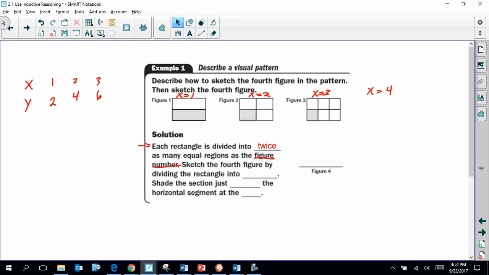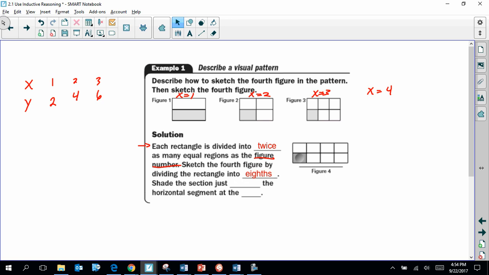In each one, we're noticing that the shaded area is either at the bottom or the bottom left. In figure 1, the shaded area is at the bottom. In figures 2 and 3, the shaded area is at the bottom left each time. So based on what we're seeing, we're going to divide this into eighths.